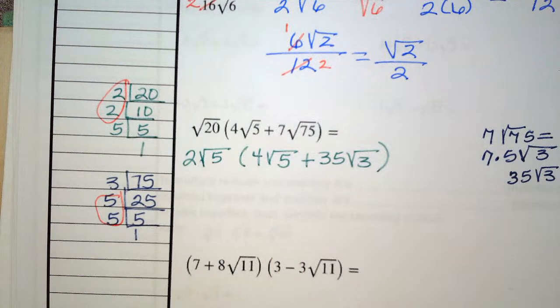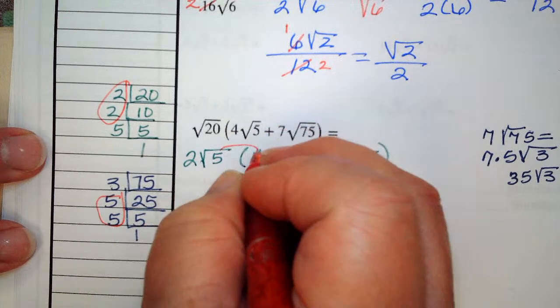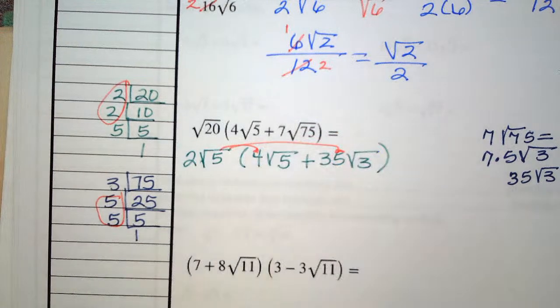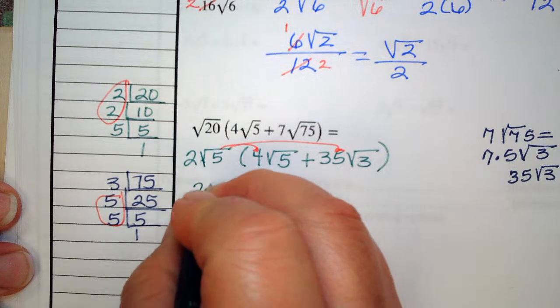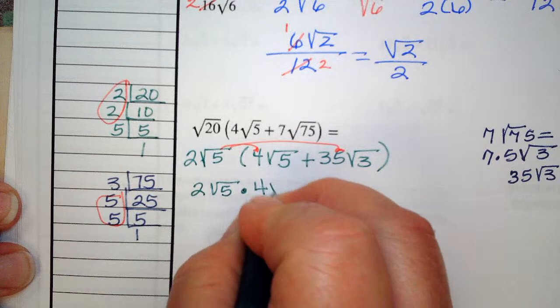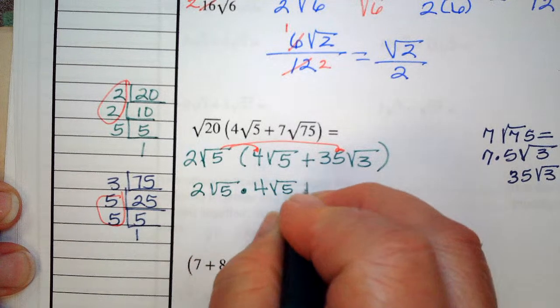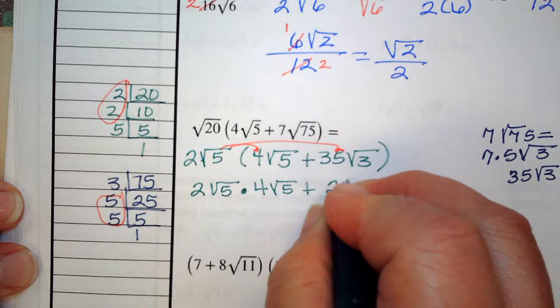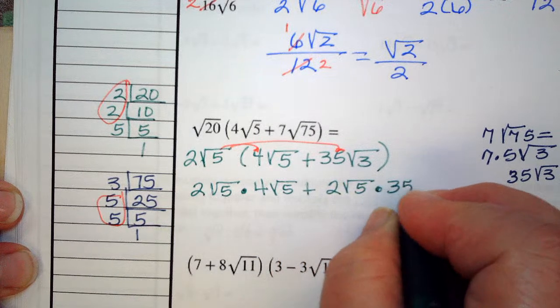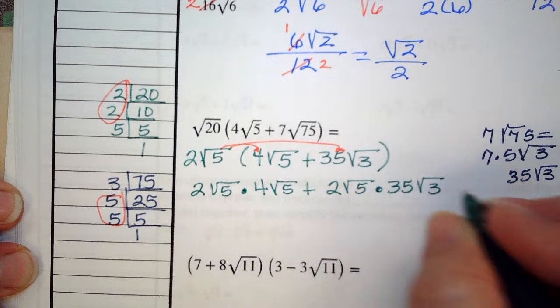Okay, we have to distribute. We've got to multiply both terms inside my parenthesis by what's outside. Two square root of 5 times 4 square root of 5 plus 2 square root of 5 times 35 square root of 3.